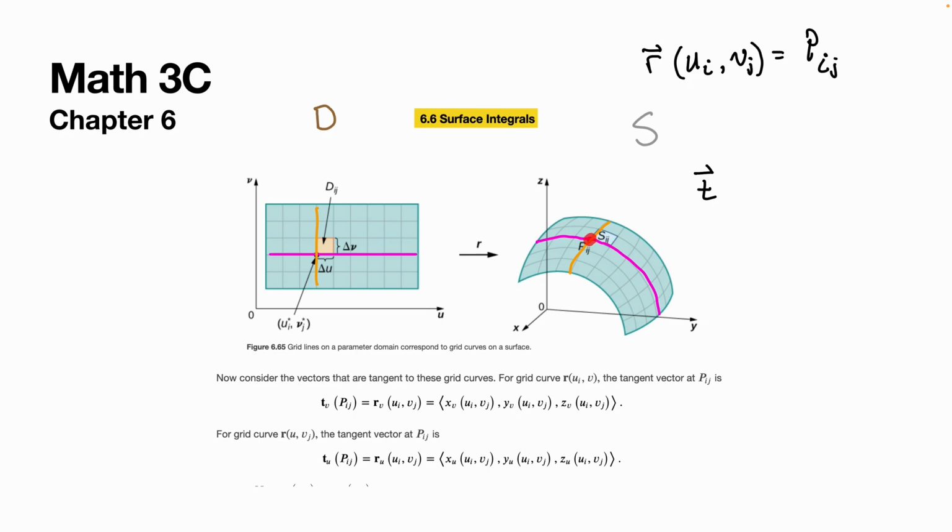And then at that particular point, if we were to evaluate the partial of r, the position vector, with changes in u, we would come up with the tangent vector to this grid curve. And so they call that T sub u, which is r-vec sub u, partial of r-vec with respect to u. Likewise, T-vec sub v is actually r-vec sub v.